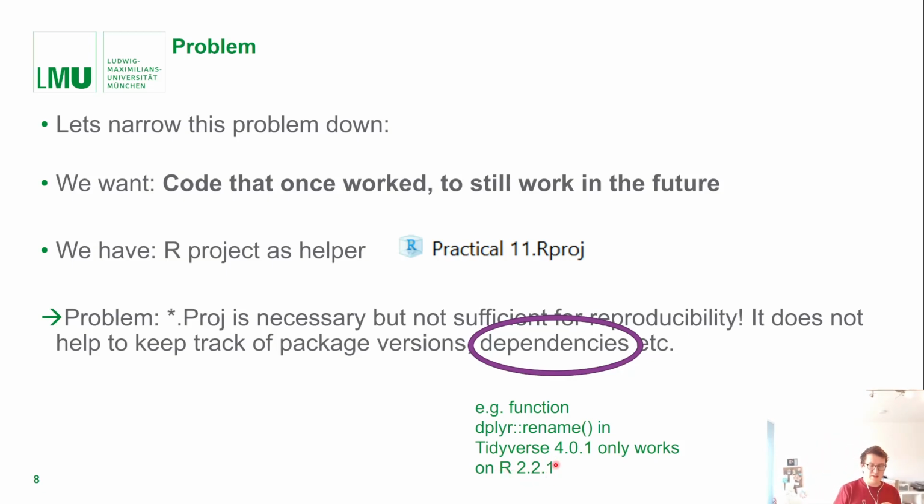So sometimes things change, and packages and versions of R and so on are dependent on each other, and just, for example, this version of the tidyverse just works on this version of RStudio. So that is called a dependency, and it's actually a big problem if we don't manage it but just let it happen. Then we run into these issues that your code doesn't work anymore all of a sudden.